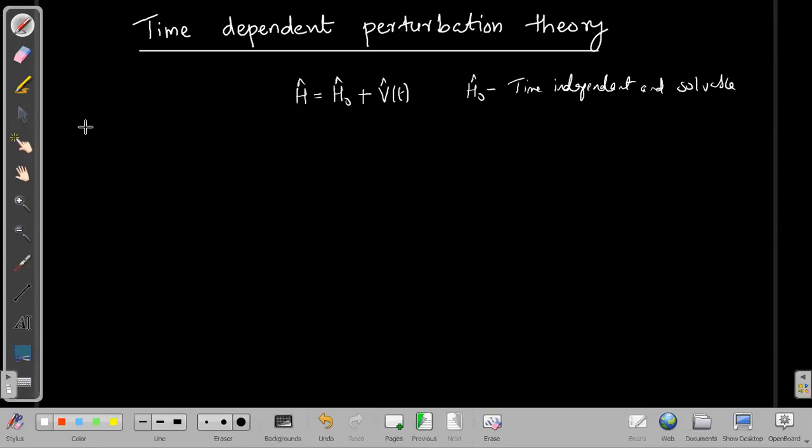We already learned it in the previous semester, so I will just revise a few important points about the interaction picture.